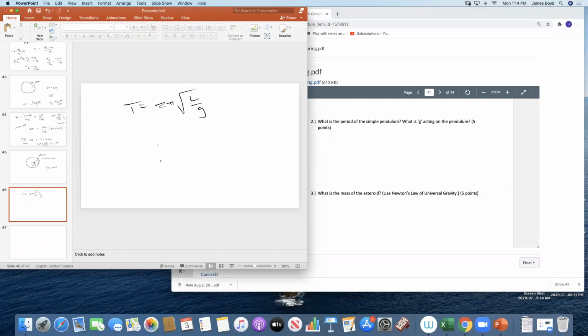But anywhere where g is not 9.81, g is actually GM over R squared, because the force of gravity is mg, which is GMm over R squared, right? Just don't forget that in the pendulum's equations, you sometimes need to use that.